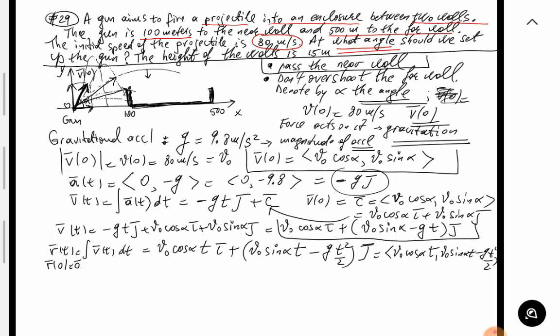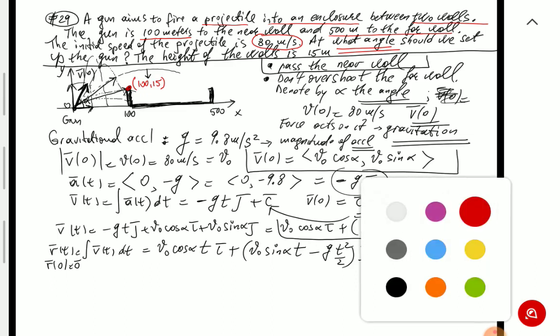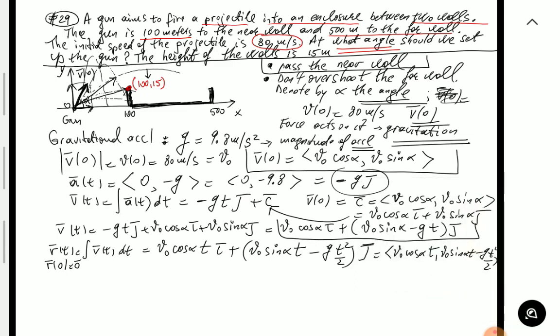All right, so what happens when the position vector just touches the top of the near wall? Let me emphasize it here with the red color. So the coordinates of the top of the near wall are (100, 15). Remember the height of the wall is 15 meters.